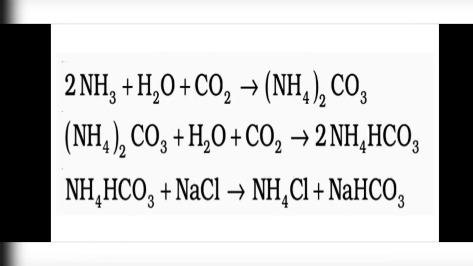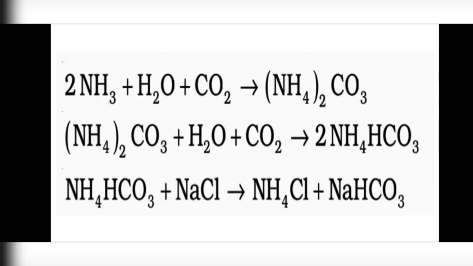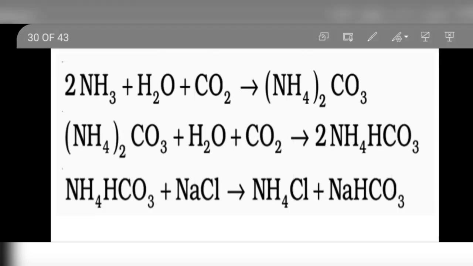Here, this is the last equation, that is sodium carbonate. So we are preparing sodium carbonate from sodium bicarbonate. Sodium bicarbonate will be heated to get sodium carbonate. So we'll see how to prepare sodium bicarbonate, because we are preparing sodium carbonate from sodium bicarbonate.